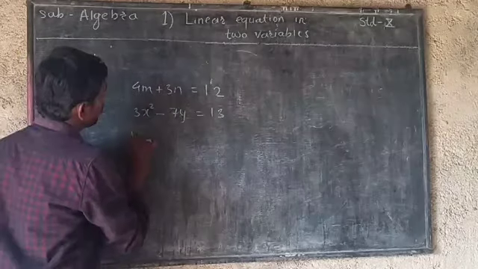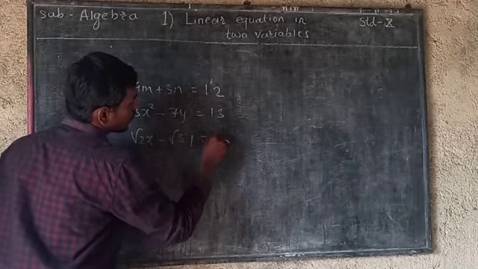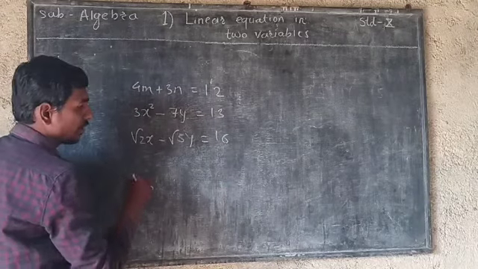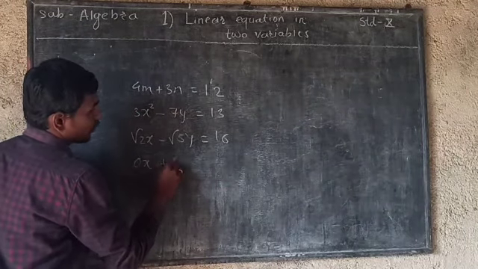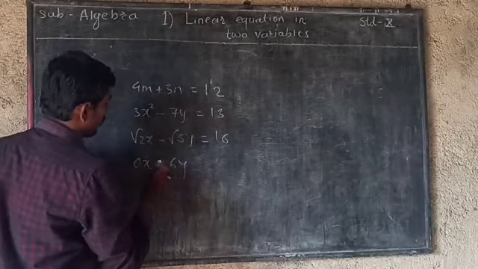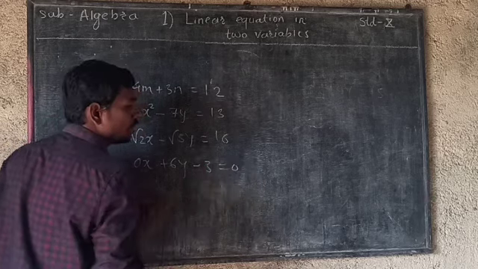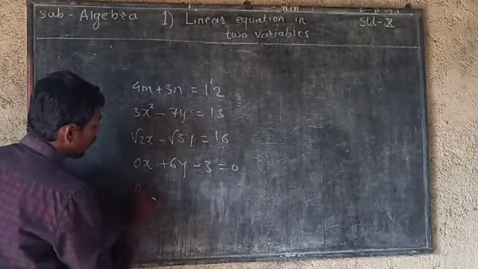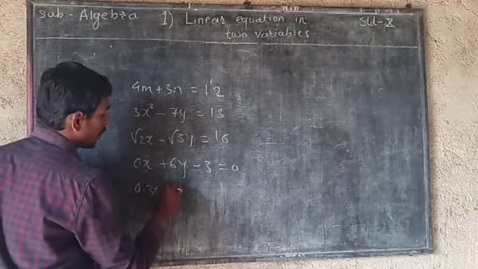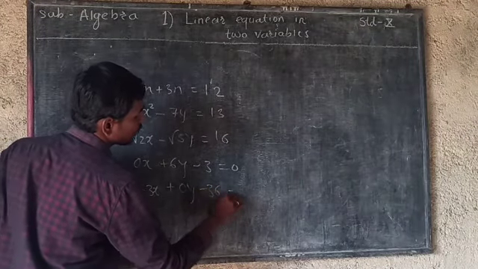The third one is root 2x minus root 5y is equal to 16. Fourth, 0x plus 6y minus 3 is equal to 0. Then 0.3x plus 0y minus 36 is equal to 0.